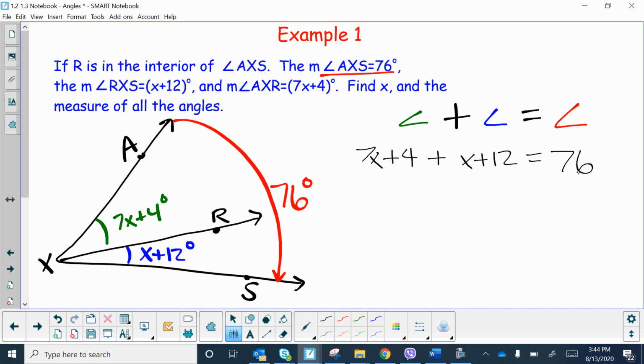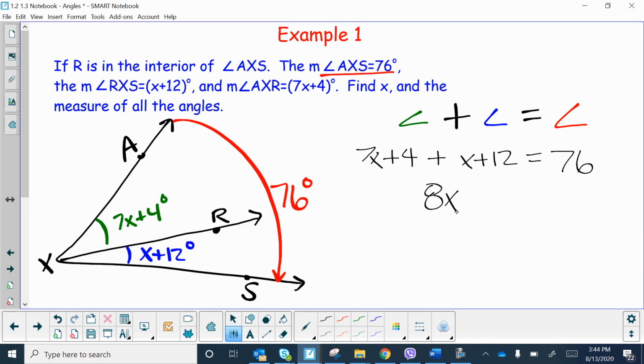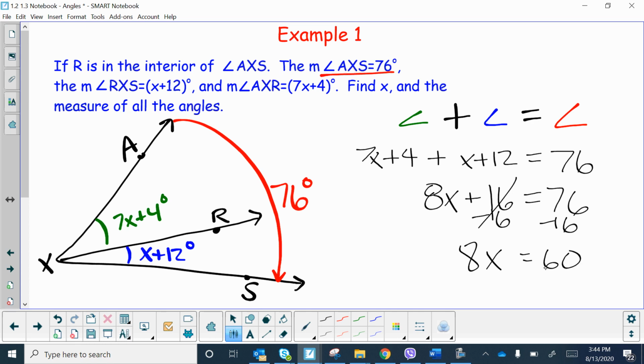Let's combine like terms. So we have 8x plus 16 equals 76. Subtract 16 from both sides. 8x equals, what's 76 minus 16? 60.